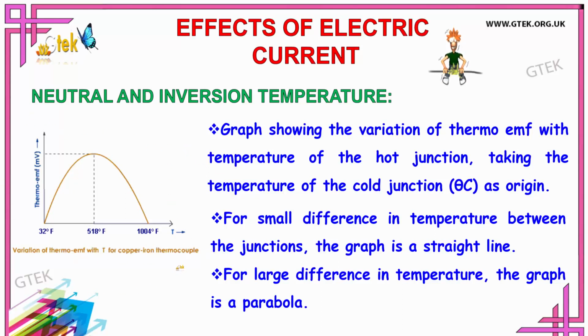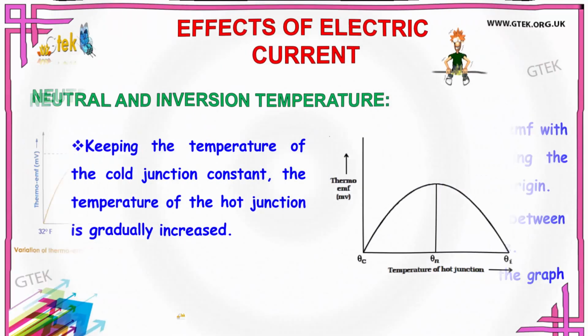The picture on the left side shows the graphical representation of thermo EMF against the temperature T. Here the temperature of the hot junction and the cold junction are the same. For a small difference in temperature between the junctions, the graph is a straight line. For a large difference in temperature, the graph is a parabola.